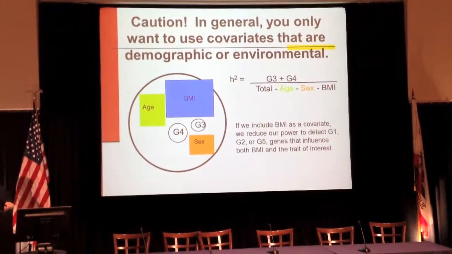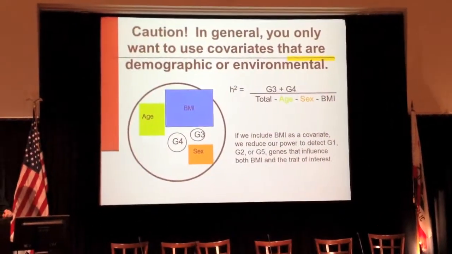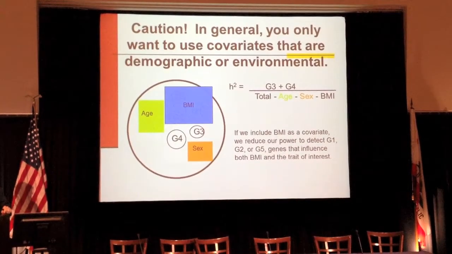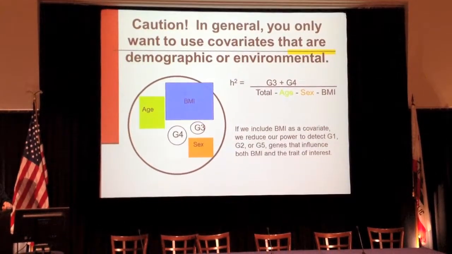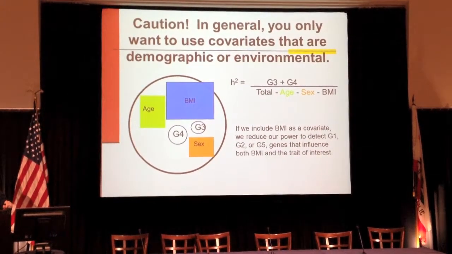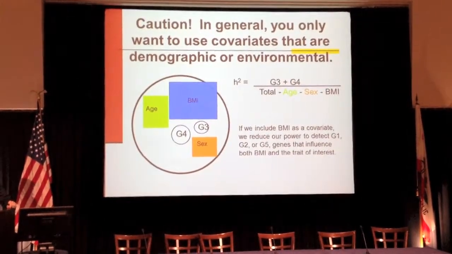So if we include BMI as a covariate, we reduce the power to detect the effects from G1, G2, and G5, and genes that influence both BMI and the height. And so it always pays to run your model with and without covariates.